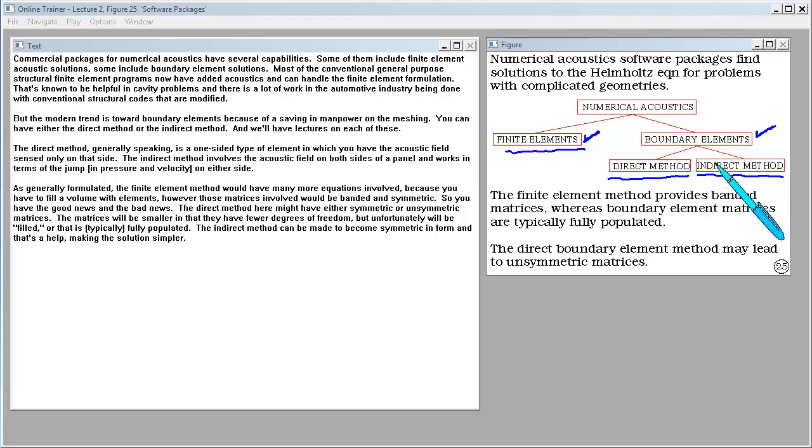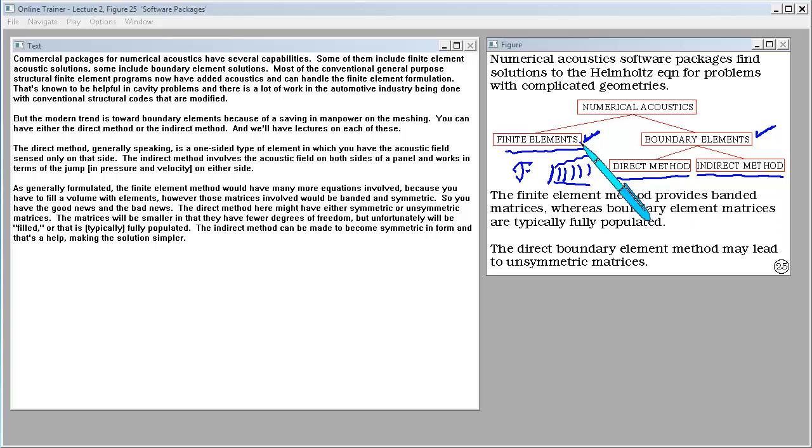The direct method, generally speaking, is a one-sided type of element in which you have the acoustic field sensed only on that side. The indirect method involves the acoustic field on both sides of a panel and works in terms of the jump on either side. As generally formulated, the finite element method would have many more equations involved because you have to fill a volume with elements.